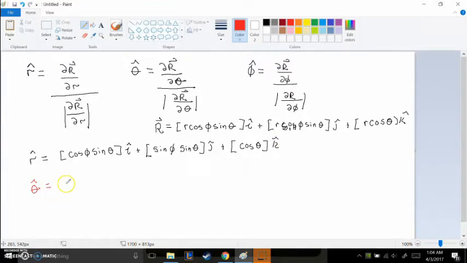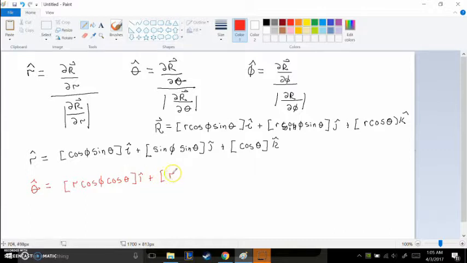Theta hat is going to be by derivative. We look at this one and we take the derivative with respect to theta. The derivative of this is going to be cosine of theta. So this is going to be r, which is a constant, the phi term, which is a constant, the derivative of the theta term, in the i direction.